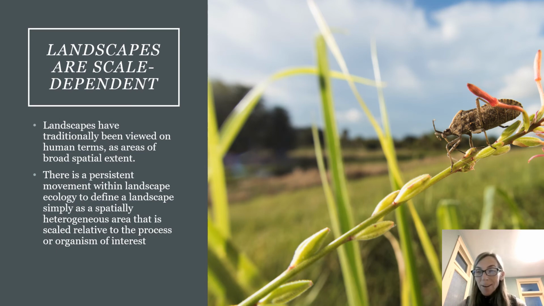Landscapes are scale dependent. As I mentioned at the beginning of this lecture, we often think of landscapes as being broad in spatial terms, but there is a persistent movement within landscape ecology to define landscape simply as a spatially heterogeneous area that is scaled relative to the process or the organism of interest.